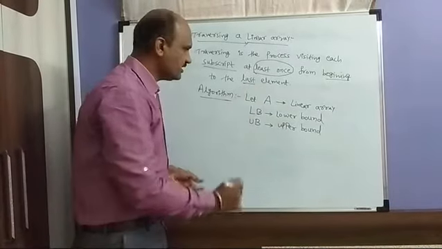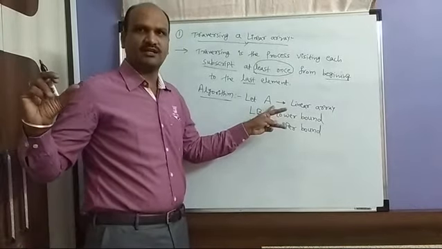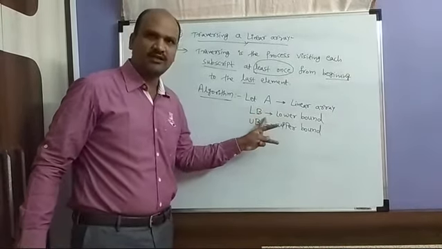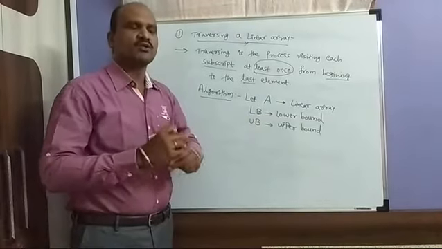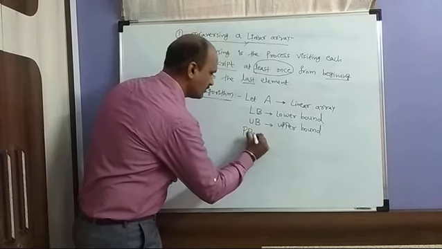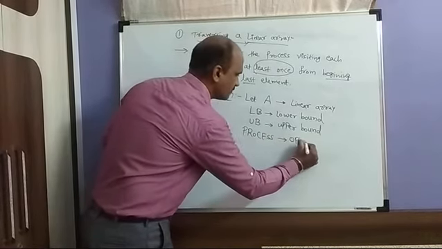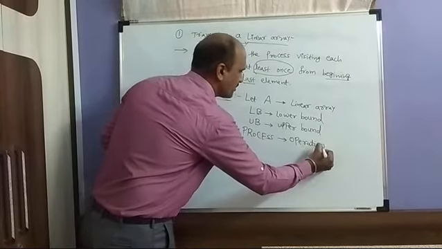Then you need A, that is the array. You need the length of the array, then LB, then UB, then you need some process. Process is the operation.